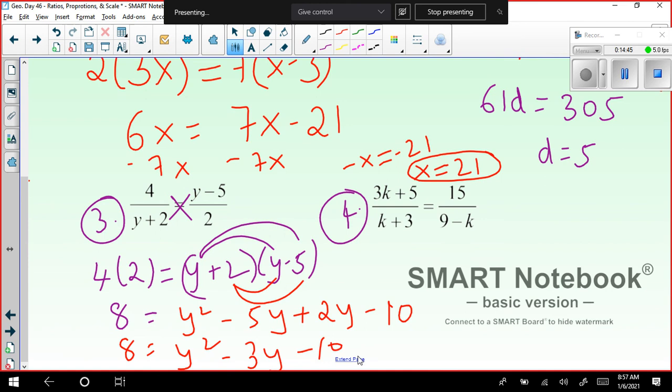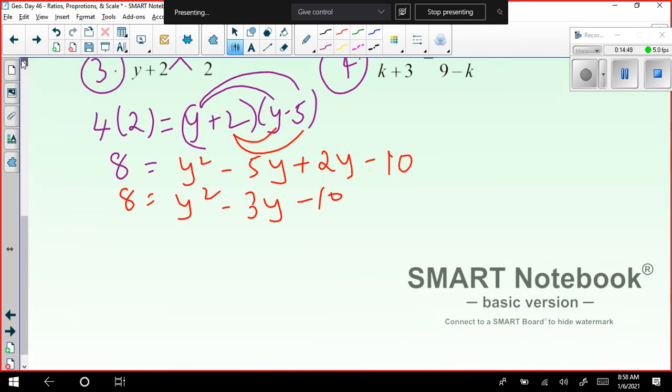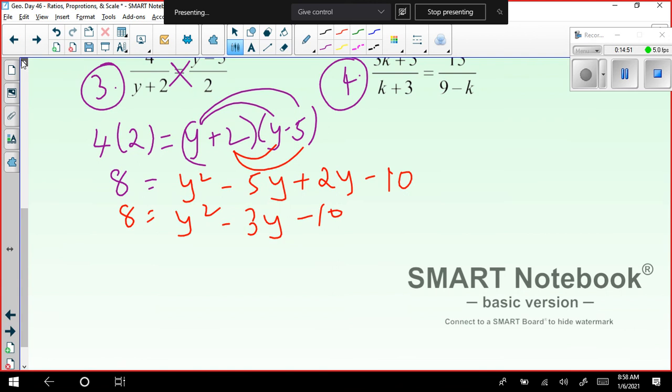We are getting a quadratic equation, and we can subtract 8 first from both sides to get 0 equals y square minus 3y minus 18. This is what we have: a quadratic equation.